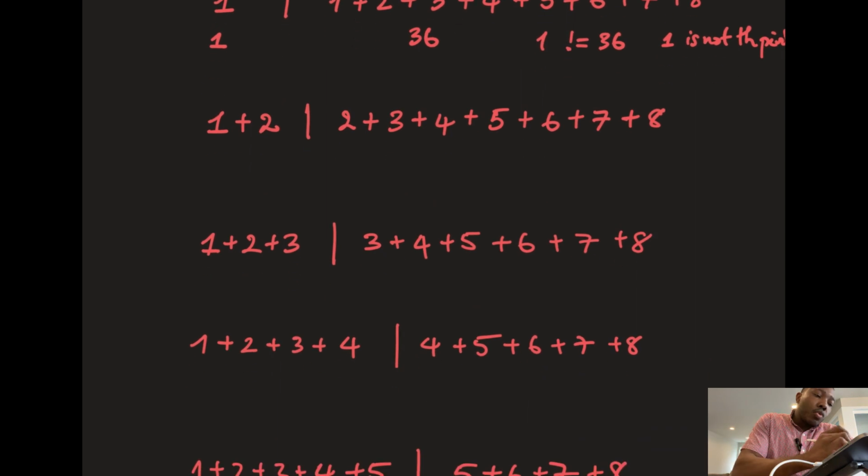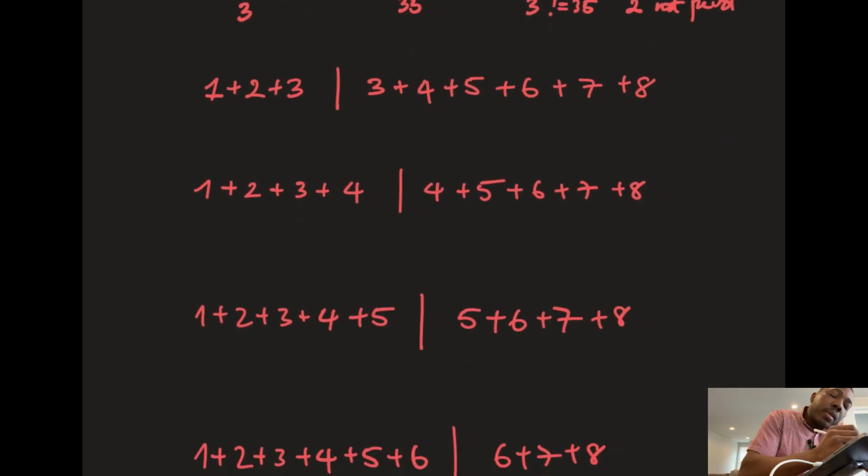Now we consider 2. 1 plus 2 is 3, and 2 plus 3 plus 4 plus 5 plus 6 plus 7 plus 8 gives 36 minus 1, which is 35. 3 is different from 35, so 2 cannot be the pivot.